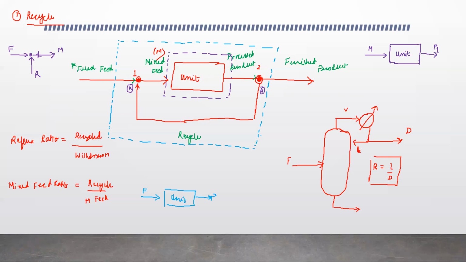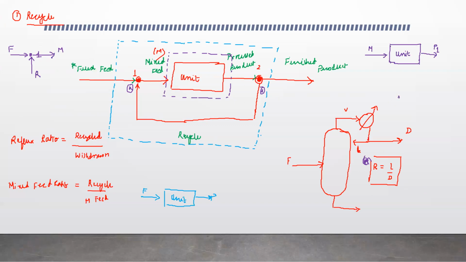Let's call it R. Forget about the fact that R is reflux ratio. I've just mentioned it over here because this is how you denote reflux ratio in distillation. Okay, but for now, just forget about the fact that reflux ratios are in distillation column. So R is basically the mass or molar flow rate of the recycle stream. Okay, so this is the scope of material balance about point number 1.